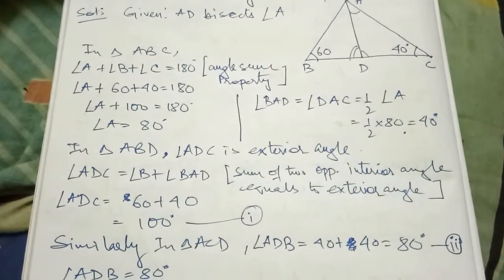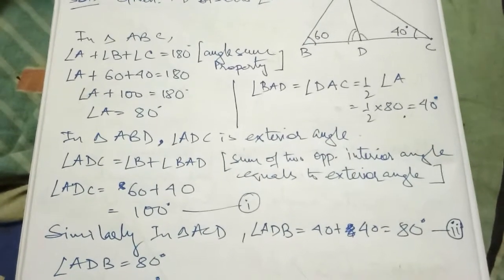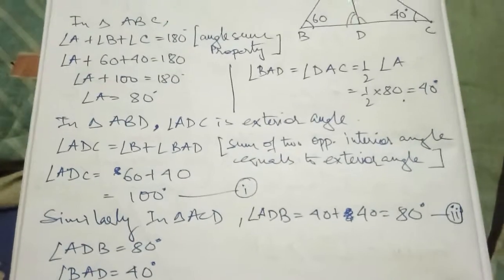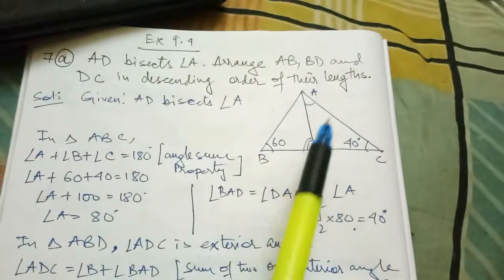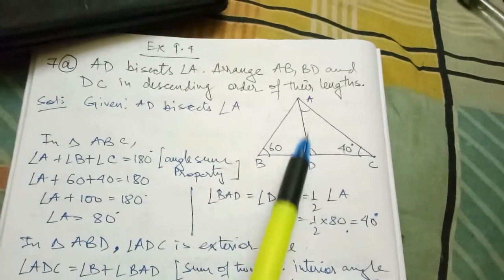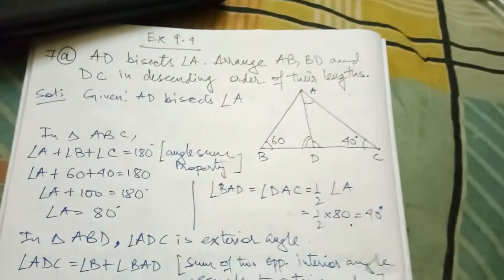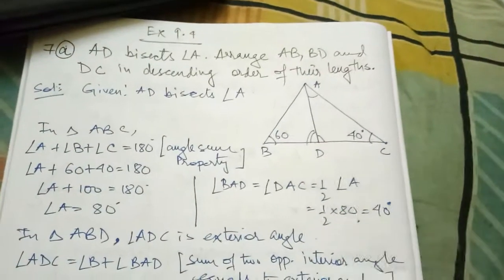ADB is 80 degrees, and it is greater than DAC, which is 40 degrees. Clear? Then from here I can say that this side will be the greater, because it is opposite the greater angle. That means AB will be the greater.